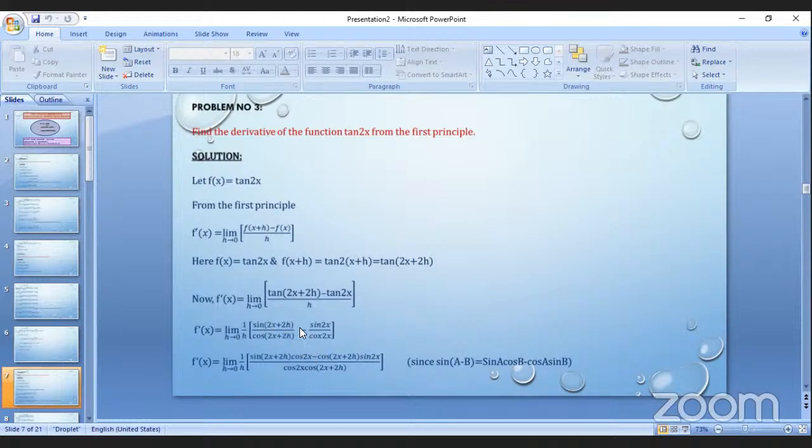Observe the numerator, it is in the form sin a cos b minus cos a sin b, where a is 2x plus 2h and b is 2x. This is the formula for sin of (a minus b).